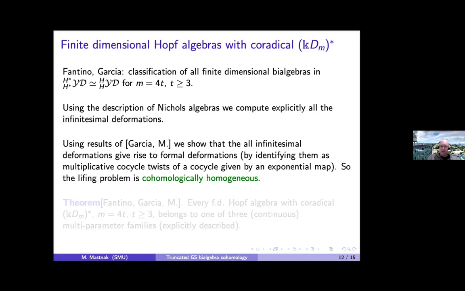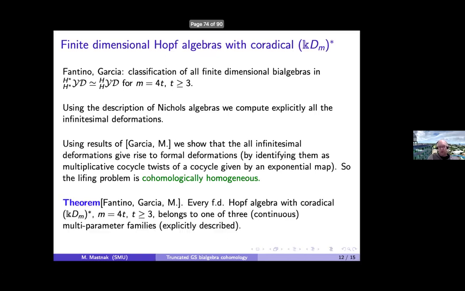We don't compute H3, but we use formal deformation formulas by showing that each infinitesimal one corresponds to a multiplicative cocycle twist. Gastón was calling them, in his talk, 2-cocycle deformations, via an exponential map. So the lifting problem is always cohomologically homogeneous, and we can describe all possible liftings this way.